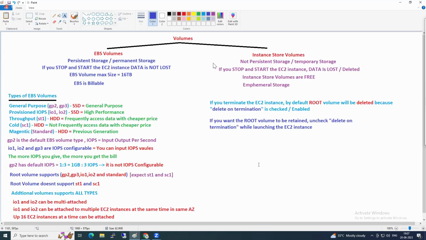Why? If something goes wrong, it's gone. So you keep all your data in your data drive called D drive. So here, when you terminate the EC2 instance, the root volume will be deleted automatically, but the additional volume will not. It will be retained. For that, delete on termination will be unchecked. But if you want it deleted automatically, check it. Super.